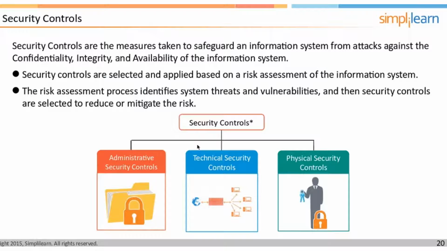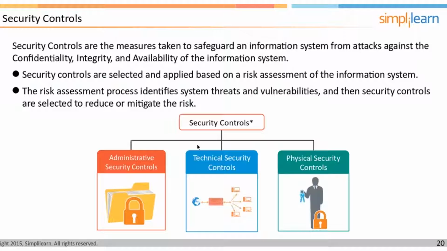Okay. All right. So in security, we're going to talk about 3 controls. This is absolutely important to understand. So there are 3 different controls. One is the administrative, a technical, and a physical.